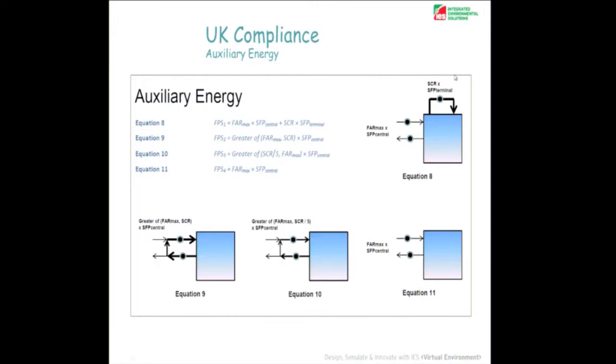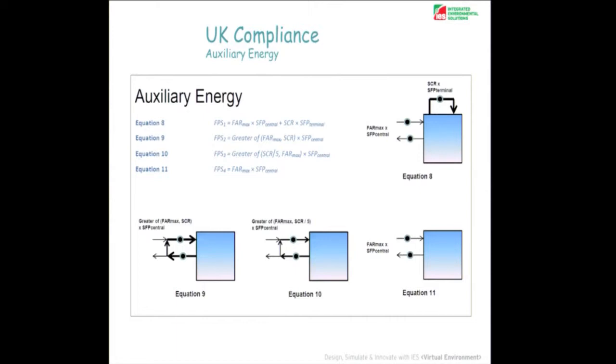Now the airflow required for heating and cooling is calculated on this SCR value multiplied by our fan power unit. So it's identifying the peak heating or peak cooling load within our zone, and assuming an 8 degree delta T, how much airflow we need to recirculate in the space in order to meet our loads.